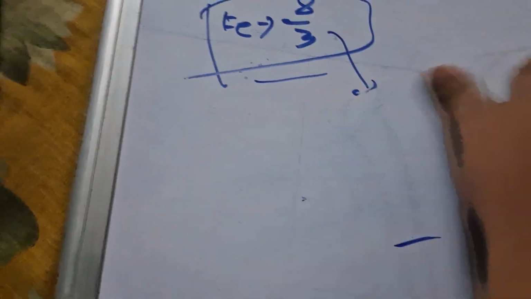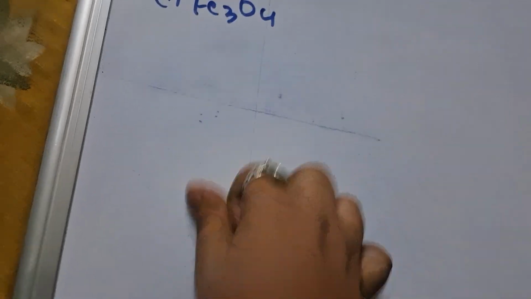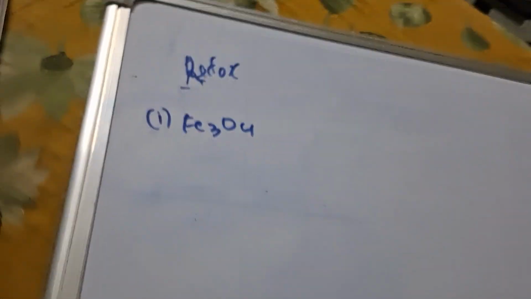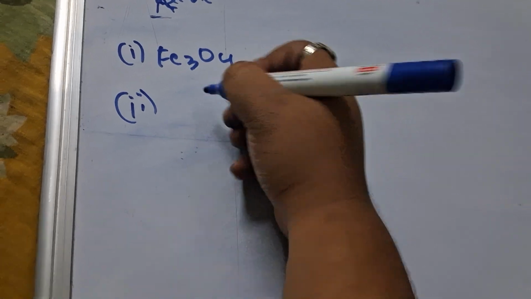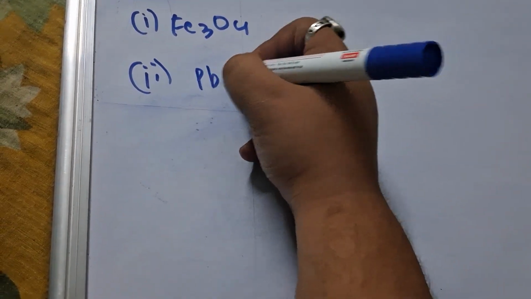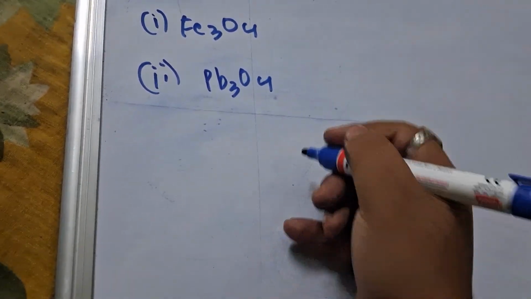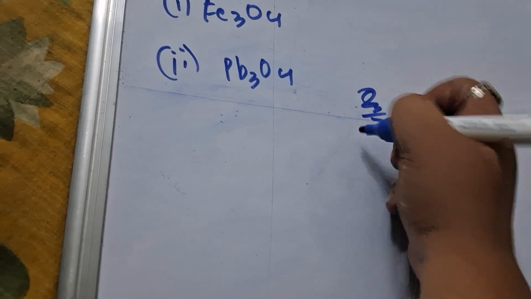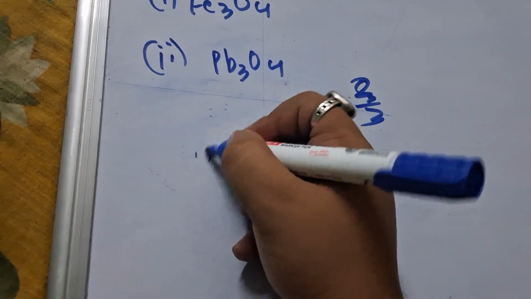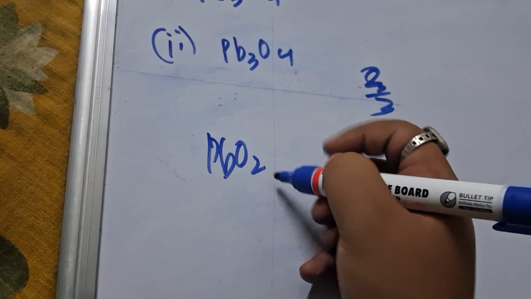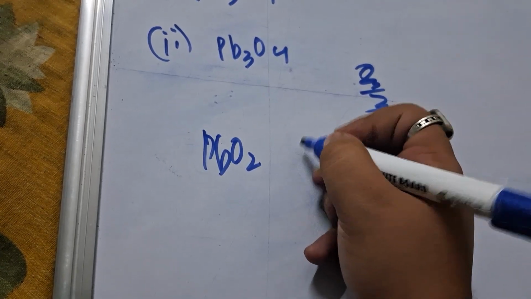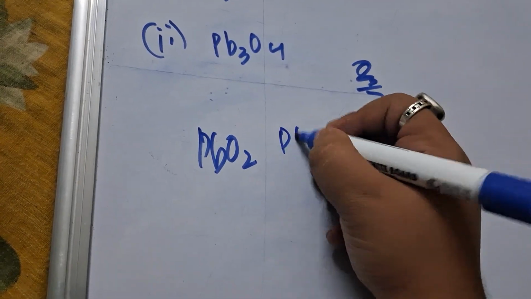Now, let's take another example. Pb3O4. Again, 8/3. This is PbO2 and PbO.